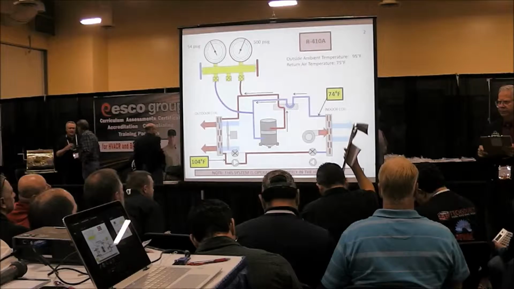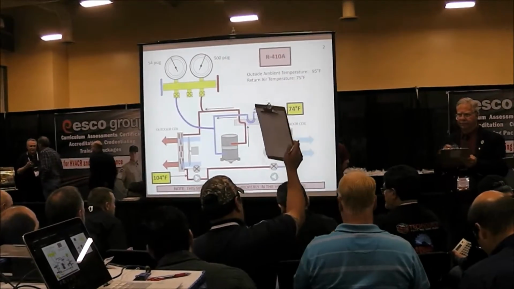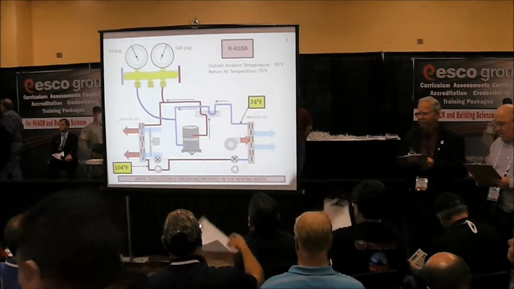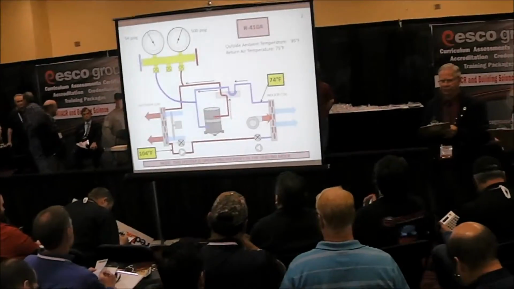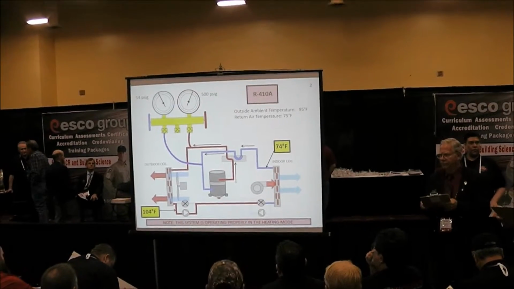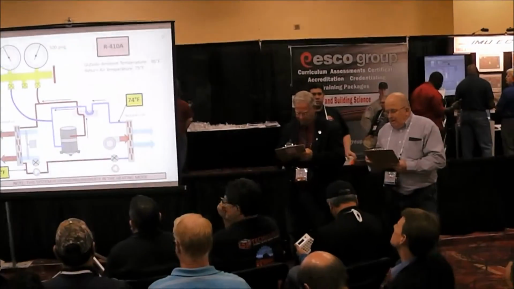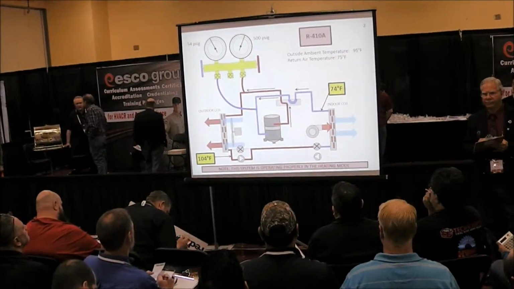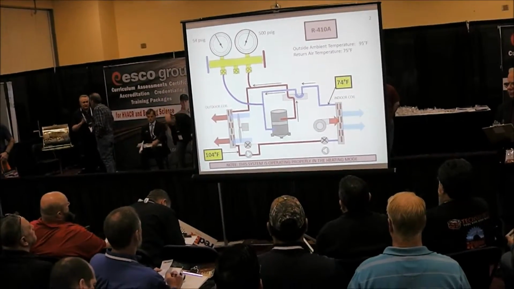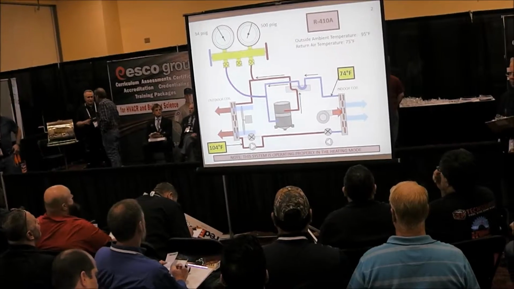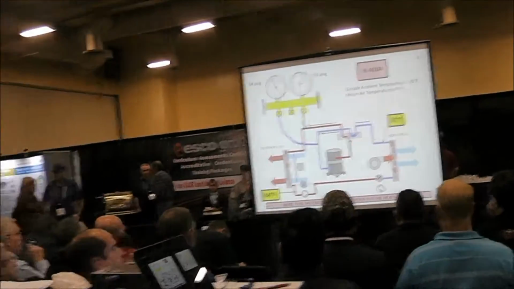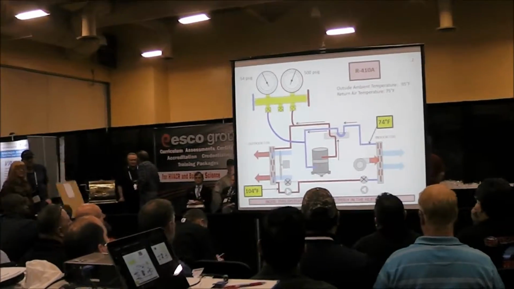I've got a restricted metering device that's not going to be right, because you won't have high head with a restricted metering device. But I'll bet you that's the answer. It's non-conventional, but that's so unusual.